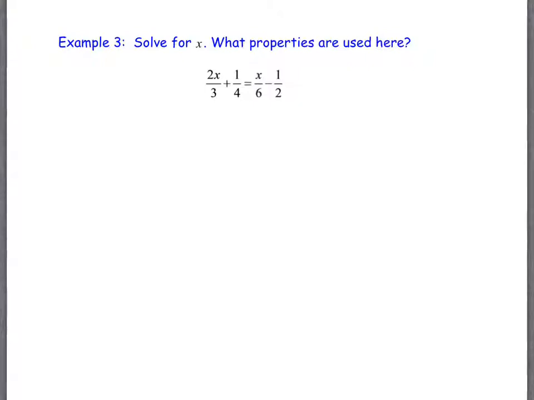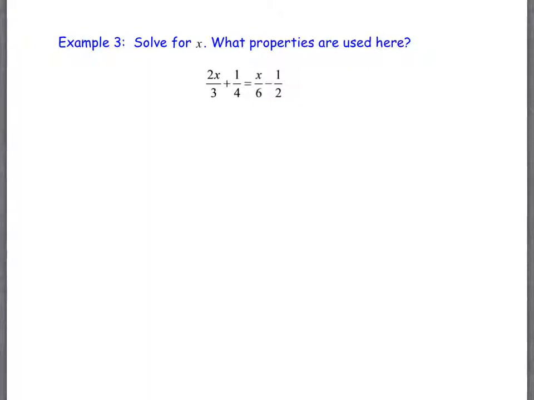There are so many ways we could start the problem, so you guys are going to get to pick. What would you like to do to start this problem? Get the x's together. So you'd like to move all the x's to one side and all the numbers to the other side? Does that sound okay? Is everybody all right with that? All right. So if I want to do that, then I'm going to have to use addition and subtraction. Agreed?